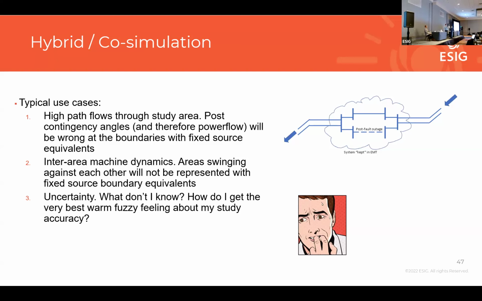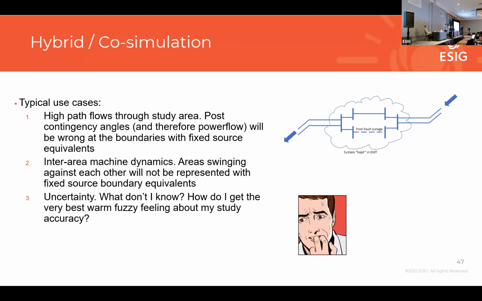Now, if we do that same thing inside of our EMT simulation, we take that line out, and the angles at our network equivalents actually don't change. They're kind of fixed angle, so this amounts to a difference in the post-fault power flow through your EMT system. If it's really important for the study to get that post-fault power flow exactly right, then you might use a co-simulation or a hybrid simulation to get that changing angle effect.